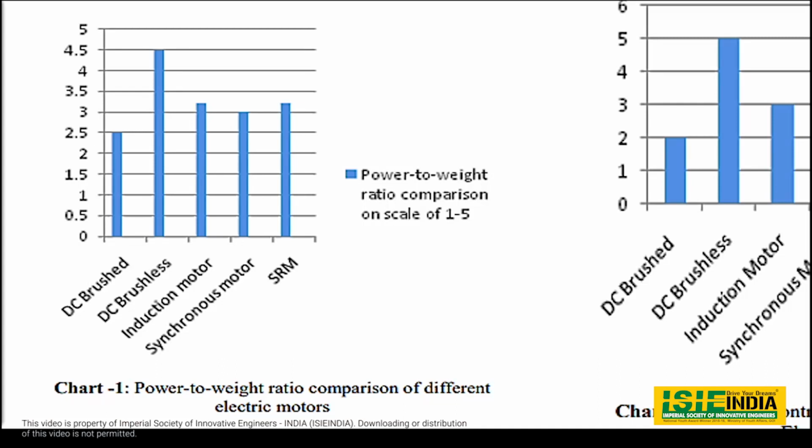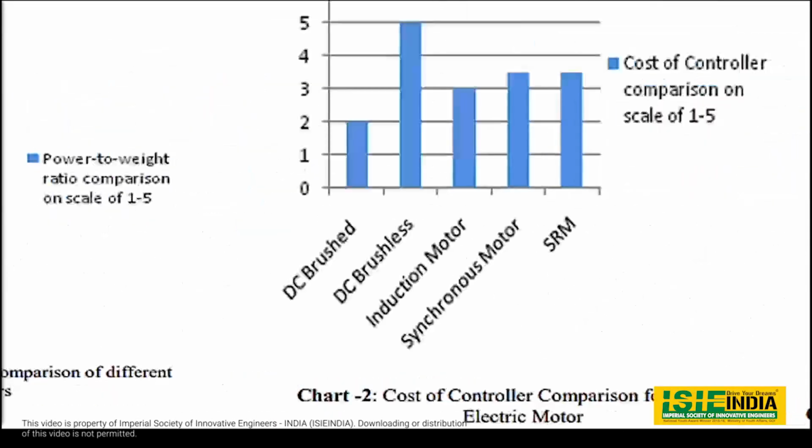DC brushless scored highest, right? This is the data in the chart form. Okay, you have understood this, right? Now this is very simple. Whenever you see this power to weight ratio, BLDC motor, and the next is induction motor and SRM motor. These are the three motors you can remember as it is, right, from the previous slide also.